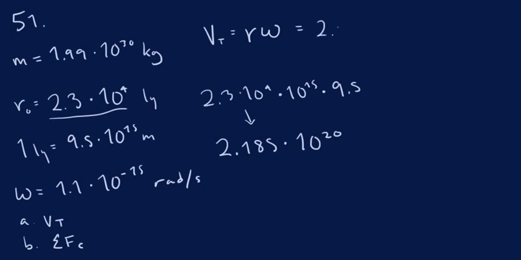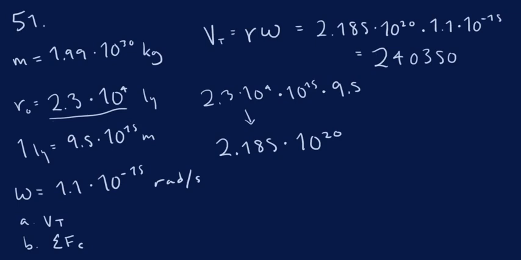Okay, so plug that in, times omega, and omega is 1.1 times 10 to the negative 15th. And all of that, when you multiply it out, comes out to be 240,350 meters per second. So that's our answer to part A. And now we want to look at the force that's acting on the sun to keep it in orbit.